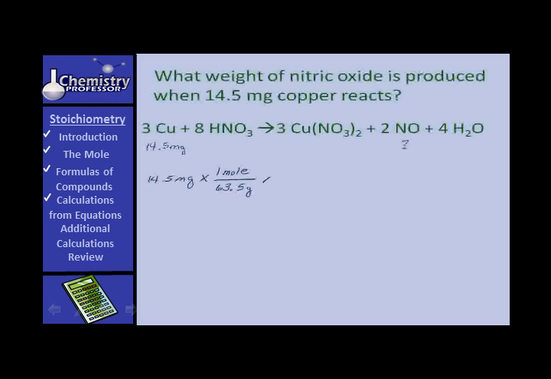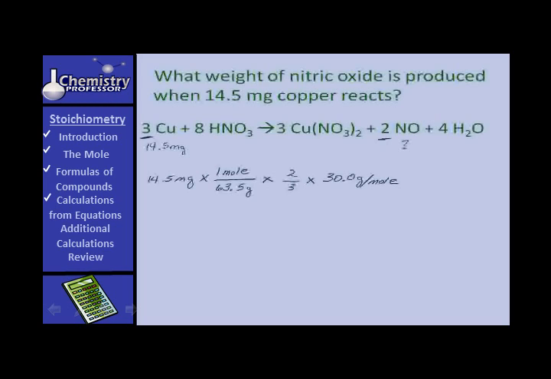Now, we're going to go to our mole-to-mole ratio. It's what we're looking for, which is the nitric oxide, over what we're starting with, which is the copper. So it's times a 2 to 3 mole ratio times the molecular weight of the nitric oxide, which is 30.0 grams per mole.